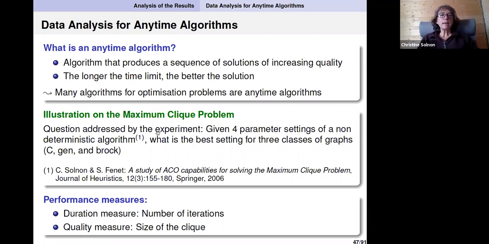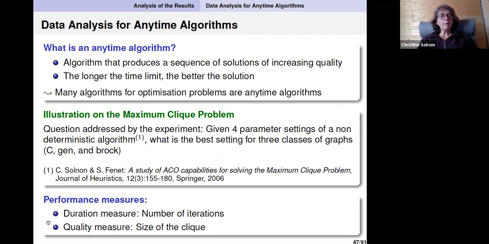And the question addressed by the experiment here is, given 4 parameter settings of a non-deterministic algorithm, I want to find the best setting for three classes of instances. And in each class, I have several instances.